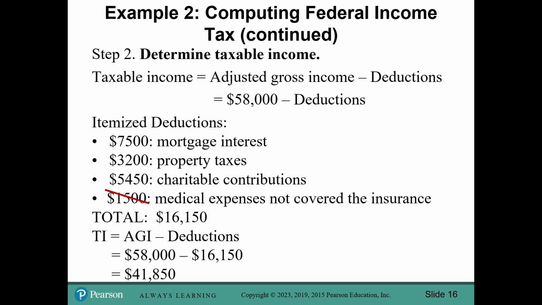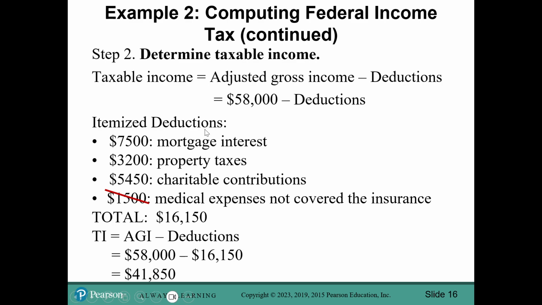On those deductions that were listed, we had $7,500 for mortgage interest, $3,200 for property taxes, $5,450 for charitable contributions, and it did also list $1,500 for medical expenses not covered by the insurance. But what we notice here is it doesn't appear that those are actually covered. Now, what we wind up doing is totaling this up, and you see that the $1,500 is not something that you can actually itemize and deduct here.